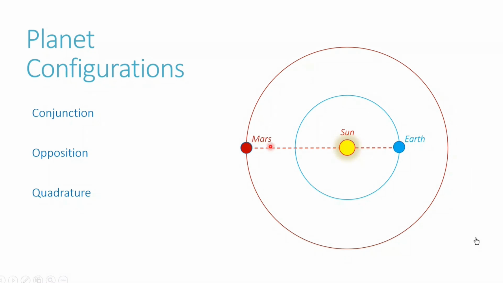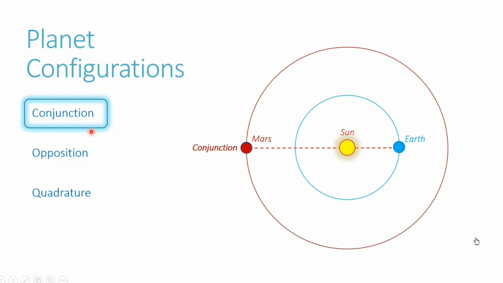Now, this particular placement of the planet with respect to the sun is called conjunction. We say that planet Mars is in conjunction with the sun. So this is the meaning of the first term, conjunction. It basically means that the planet is in the same direction as the sun.